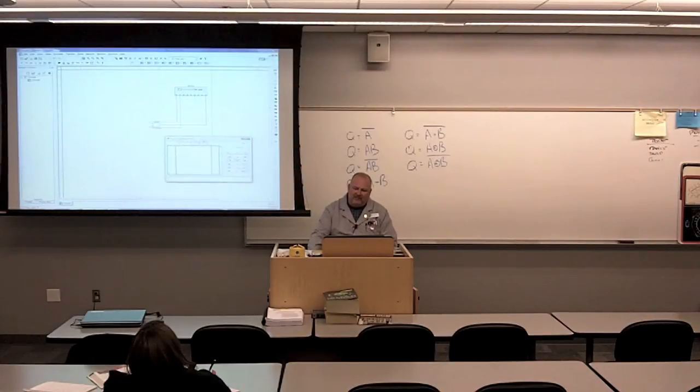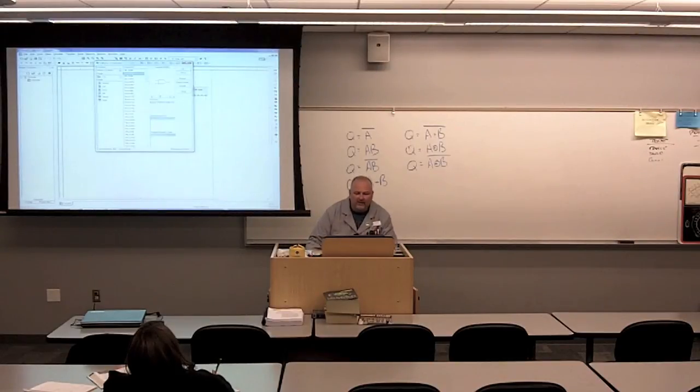Then all I have to do is select this top tab on my logic converter, which goes gate to truth table. Why doesn't it, this is not giving me the right answer. Why does it do that?